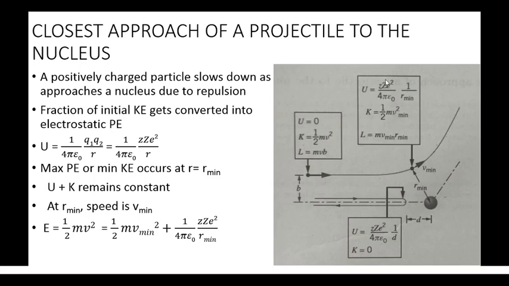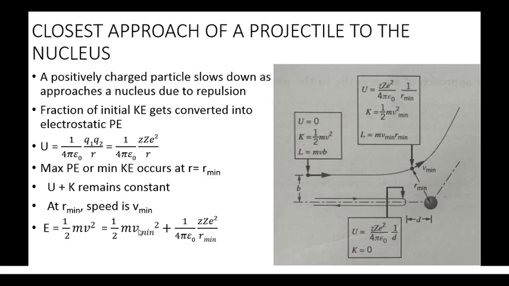So you can write the equations for U, K and L. Potential energy U = Ze²/(4πε₀) × 1/r_min. Kinetic energy K = ½mv_min², and L = mv_min r_min. So how can you write the total energy? Again, kinetic energy plus potential energy.